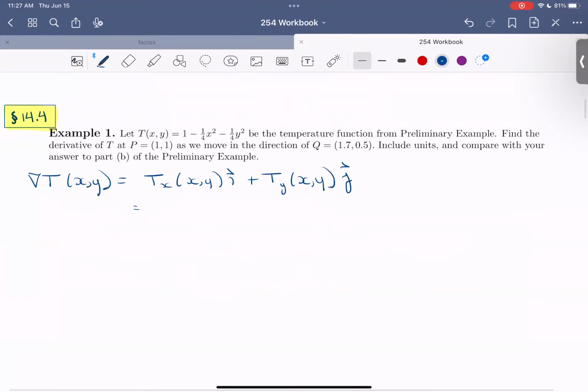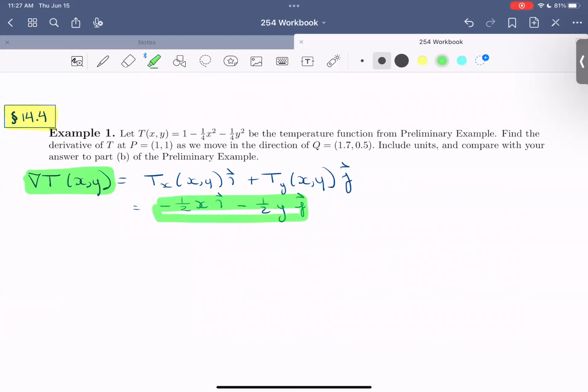Plugging in those partial derivatives that we already computed, this becomes 1/2 x times i vector minus 1/2 y times j vector. Okay, cool. So we have that first part, the gradient. I'll just highlight it here. Great, so now we need a unit vector in the direction of PQ.